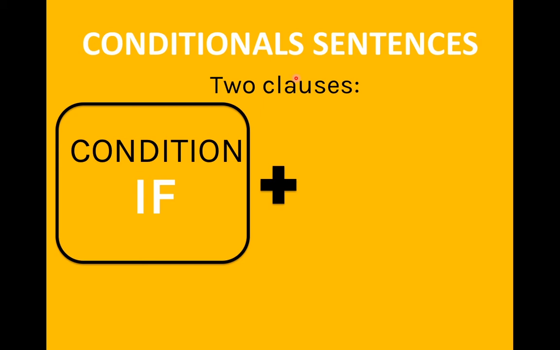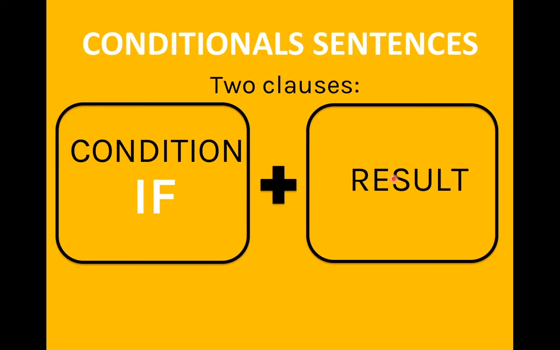You will know which one is the condition of a sentence because it will have the word if at the beginning. And the second clause of conditional sentences is the result, the clause that is going to include the result. So, conditional sentences are made up of a condition that starts with if and a result.